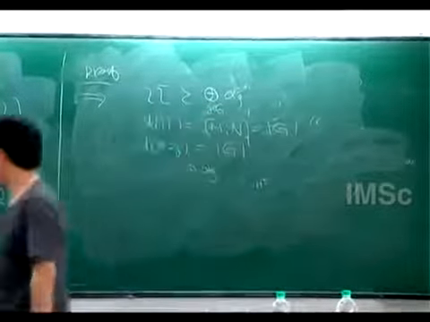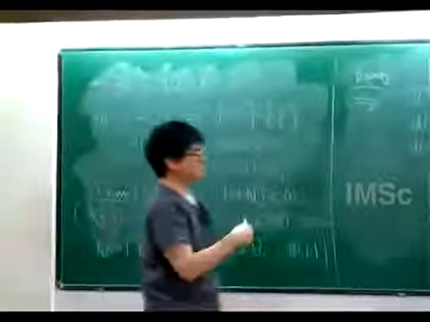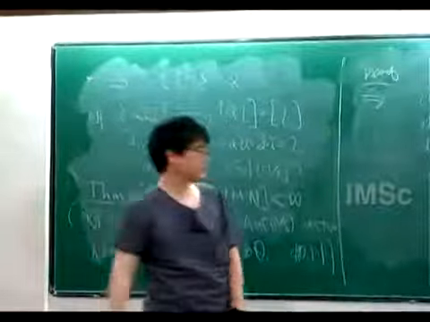So if N is a fixed point algebra, then iota bar is decomposed into alpha g's.